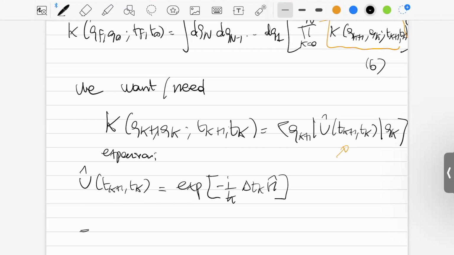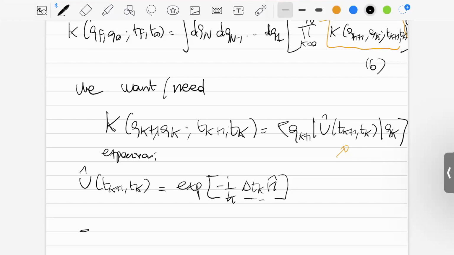And why are we allowed to do such an expansion? Because inside you have delta tk, which is the width of a single interval. Since at the end we are going to take the limit n going to infinity, each interval has a very, very small length. So delta tk is very small, and we are allowed to do a Taylor expansion up to first order.